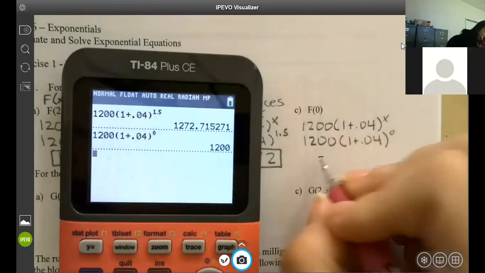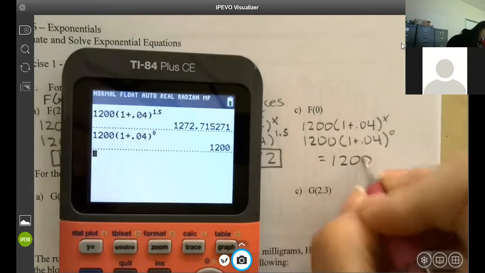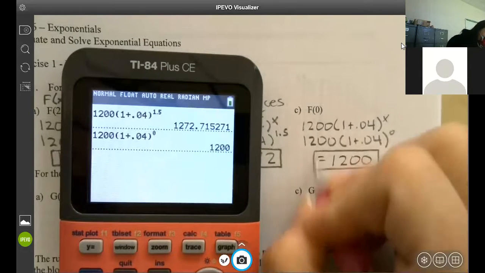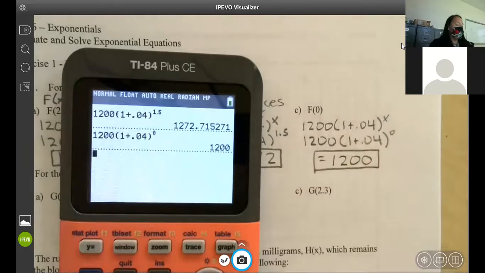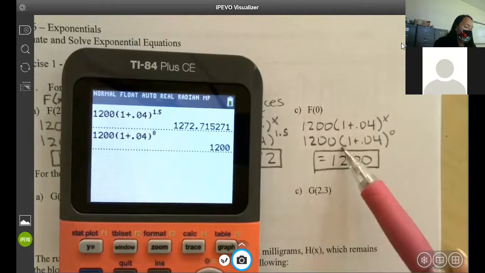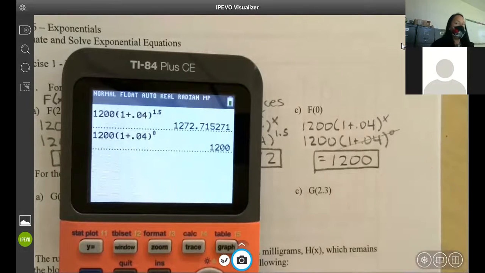And we get 1200. Just a reminder, remember anything to the 0 power, we can cross out. So that's why it ends up being 1200. Don't forget that.